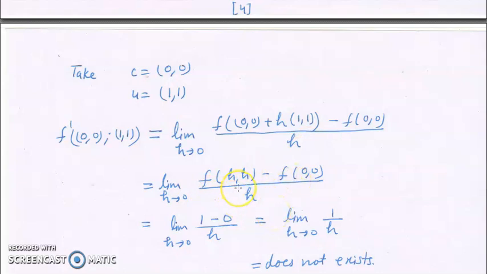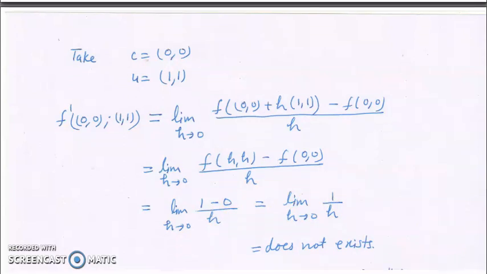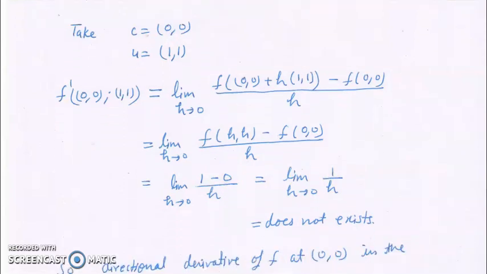By the definition of f, because both coordinates h are non-zero, the value is 1, and because both are 0 in f(0, 0), its value is 0 plus 0, that is 0. So it is the limit as h goes to 0 of 1 by h. Its limiting value will be infinite, so this limit does not exist. So if we determine the directional derivative in the direction of (1, 1), it will not exist.